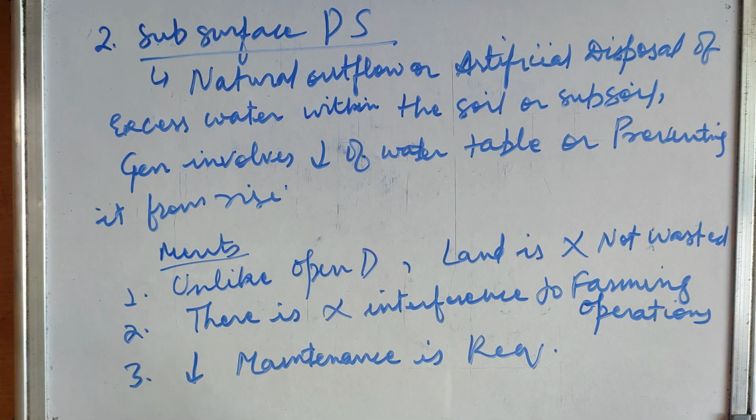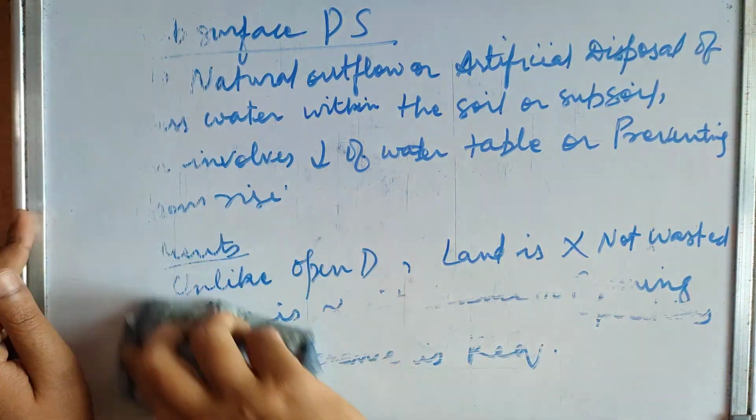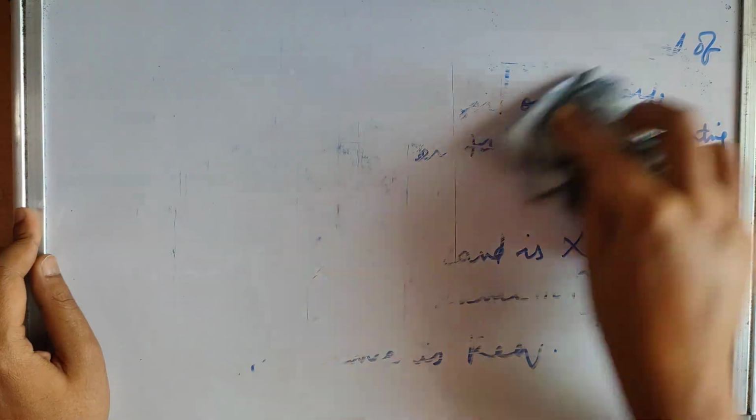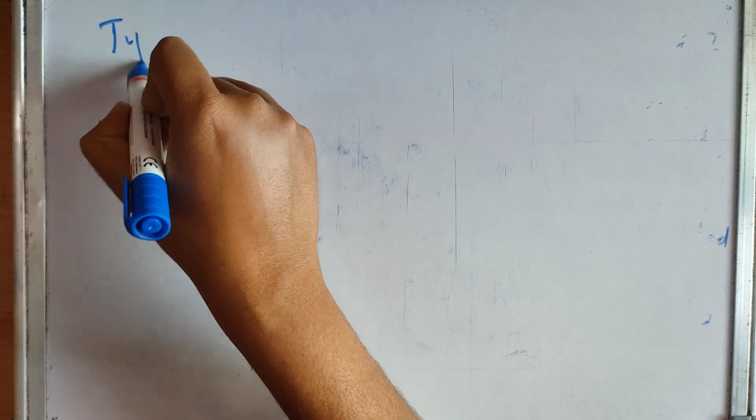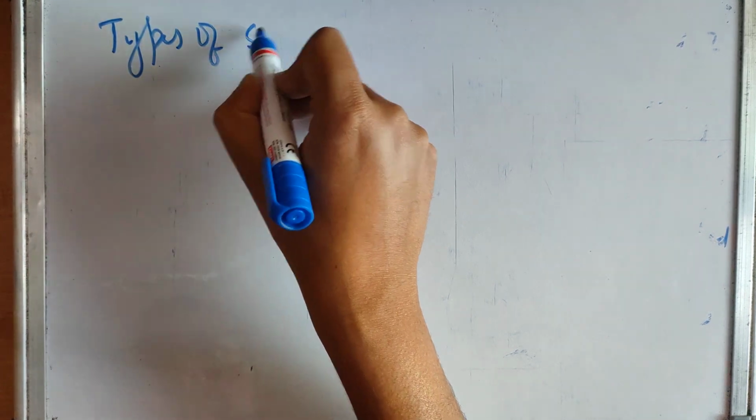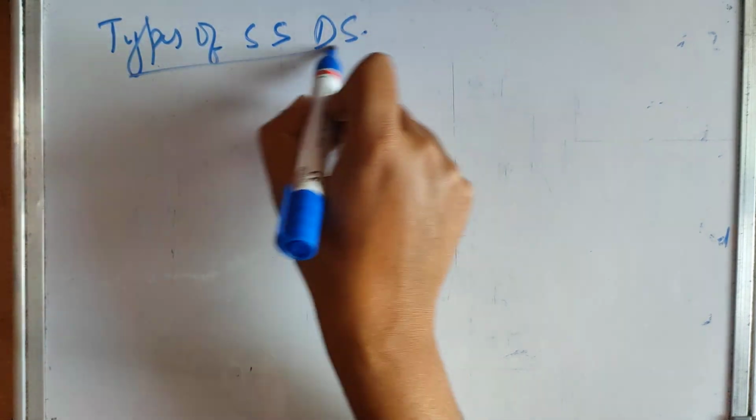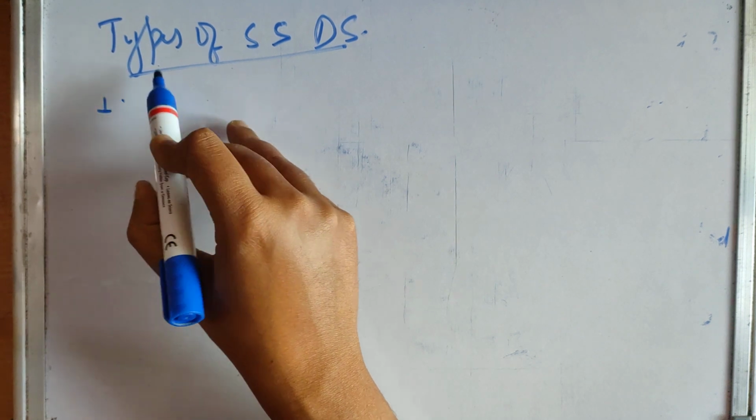Now what are the types of subsurface drainage system? The first one is pipe or tile drainage.